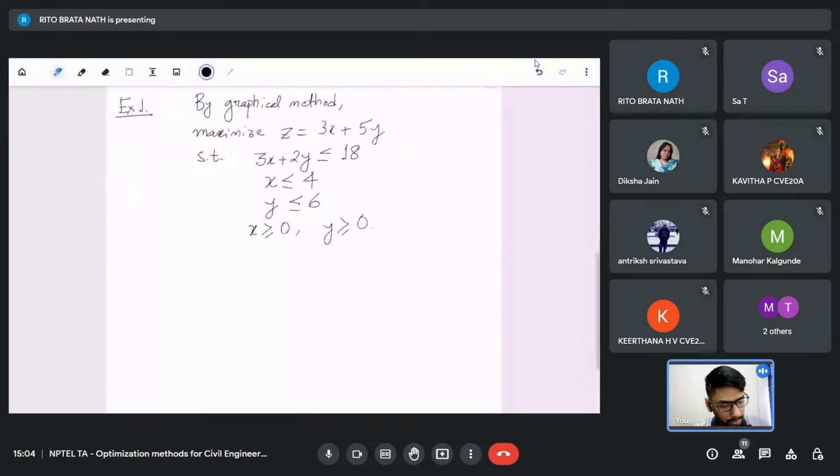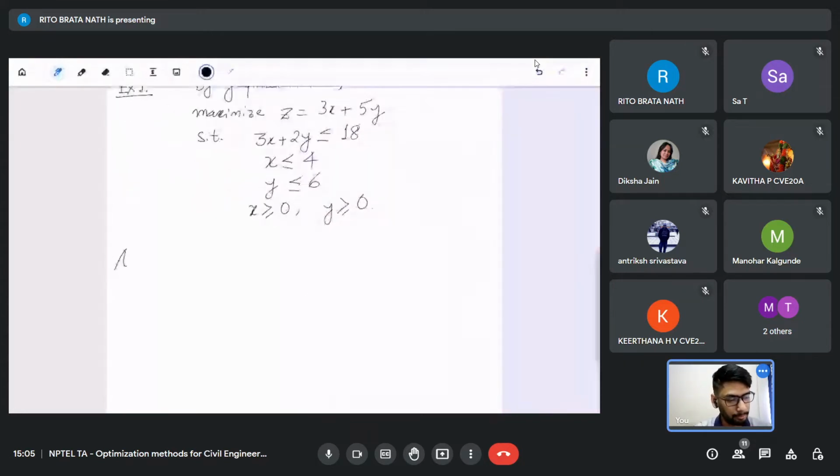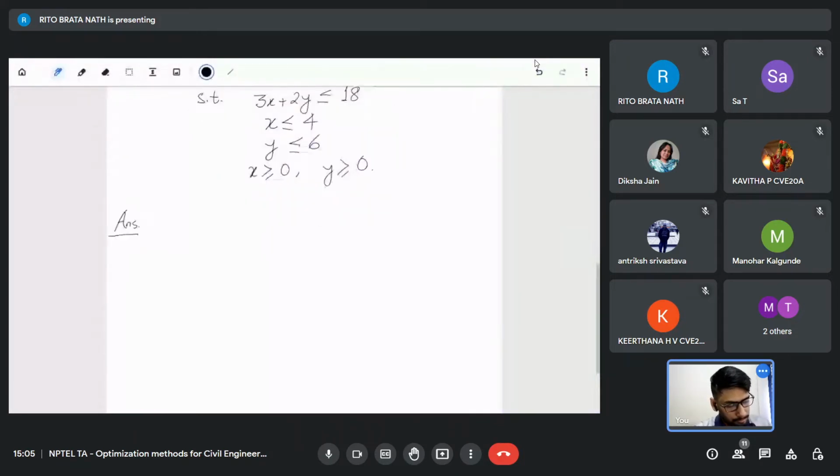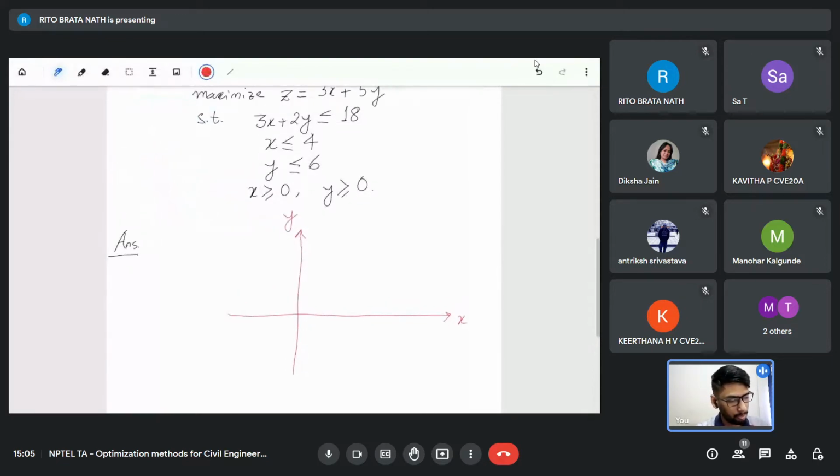So let's see how we can solve this. As always, I would like to have this class interactive, so I'll be asking questions while I solve this problem. Let's draw it in a different color. Let me first draw the equations of the straight lines.